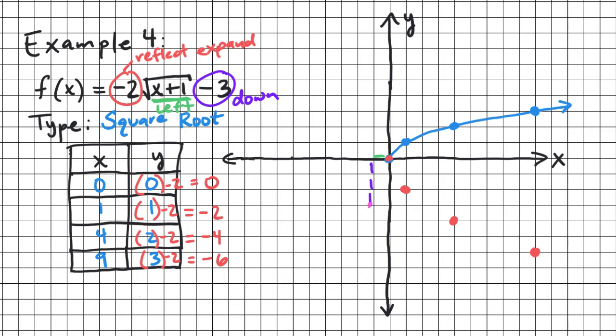So this one here, 1 to the left, 3 down. Then 1 to the left, 3 down. And then the last one, 1 to the left, and 3 down.